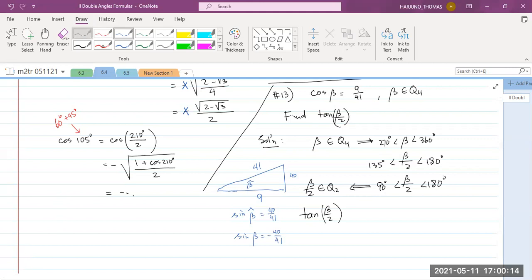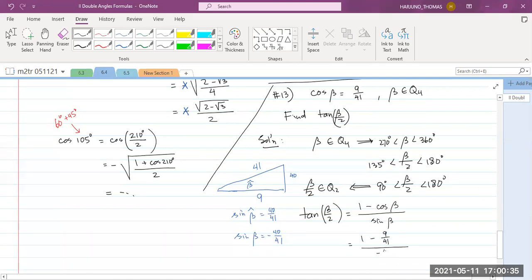Now then go back to the tangent. Tangent beta over 2 is 1 minus cosine beta, which we are given, over sine beta. This is 1 minus 9 over 41 over negative 40 over 41. Multiply the top and the bottom by 41.